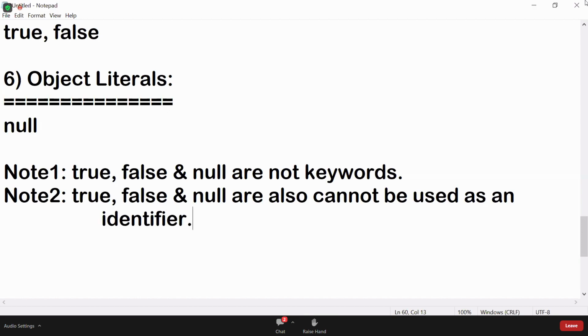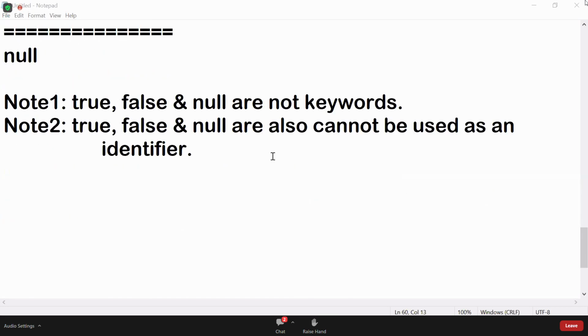Though true, false, and null are not keywords and are not in the keywords list, we should not write these three as an identifier. If you write them, an error comes. About these points also you have to remember.